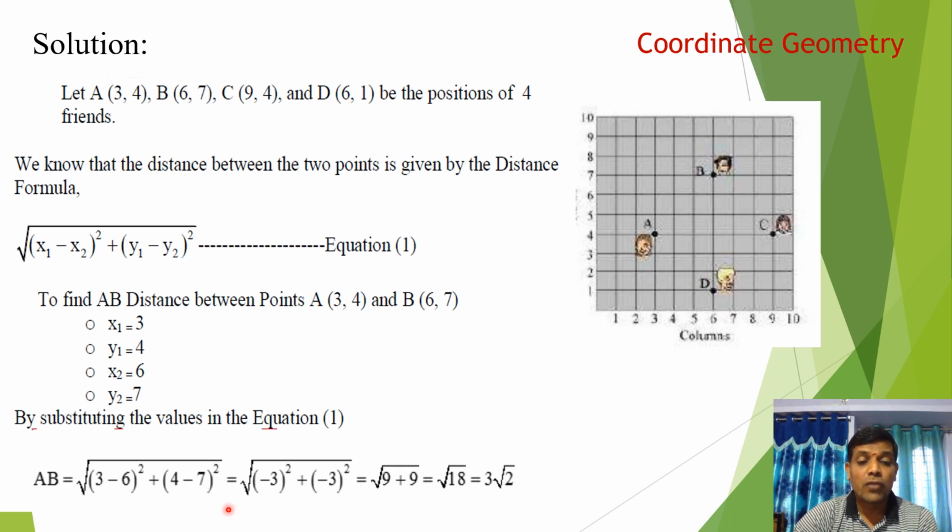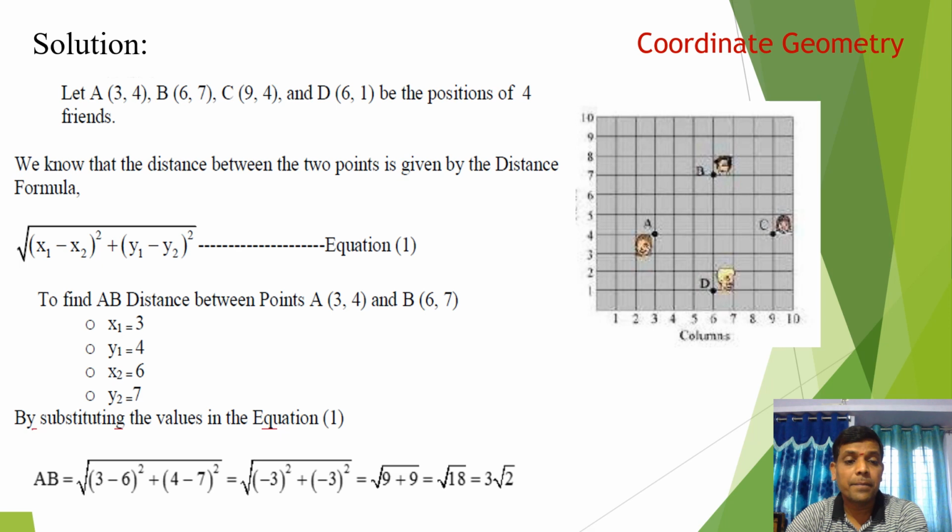This is written as square root of minus 3 square plus minus 3 square. Minus 3 square means minus 3 into minus 3, we get plus 9. So it is root over 9 plus 9, which is root over 18. Root 18 is written as 3 into root 2. This is called the simplest form.